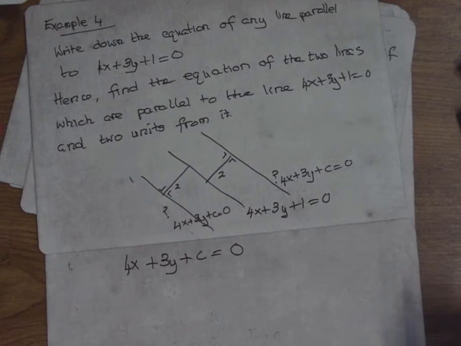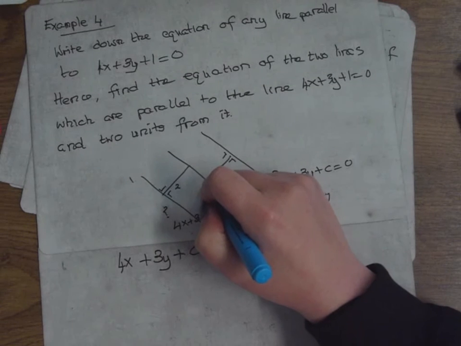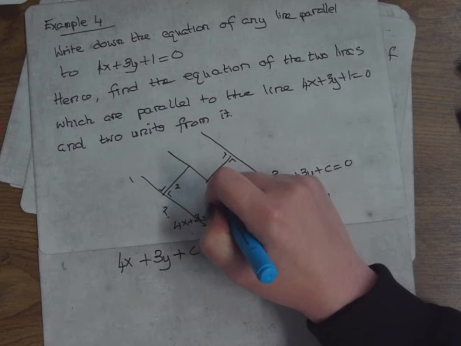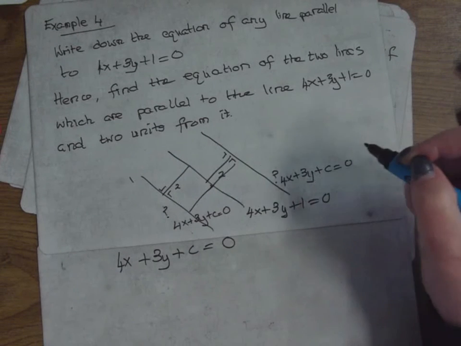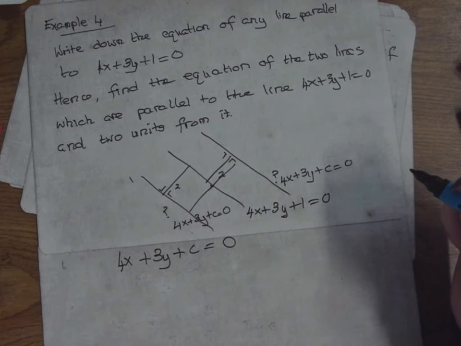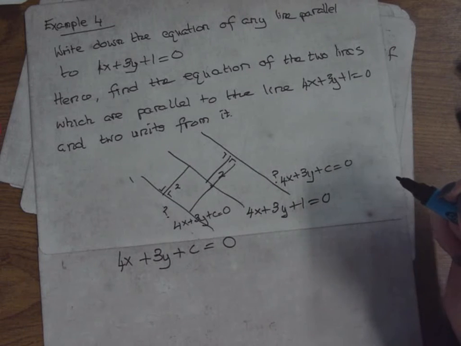Now I have to figure out what that number is, because that's my task. So I need to get the perpendicular distance from this line to here and from this line to here. Agreed?